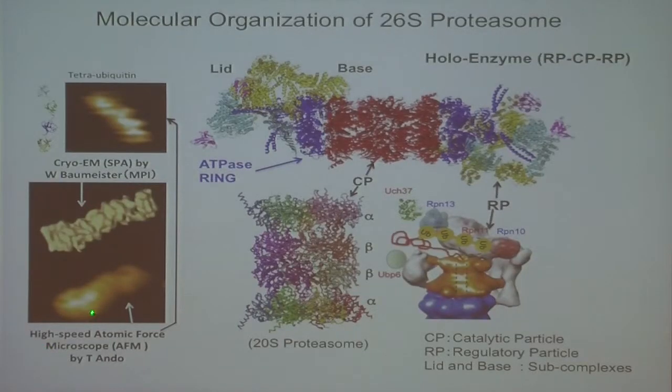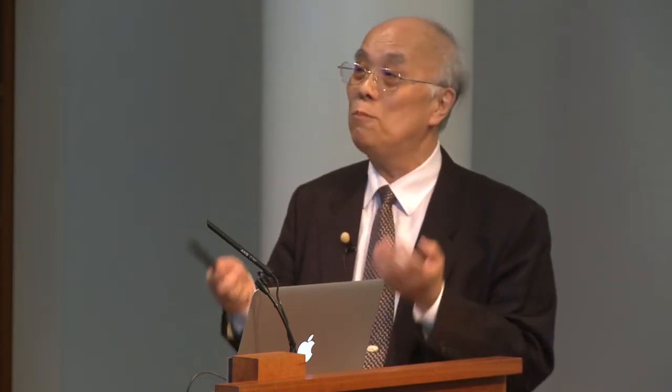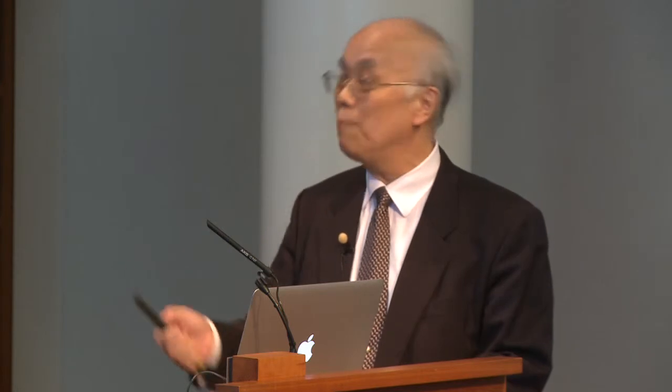This is one molecule of 26S proteasome. This AFM can also detect the tetraubiquitin. So we are now visualizing in vitro how the 26S proteasome degrades the polyubiquitinated protein. We are trying to understand the mechanism of the proteolysis.